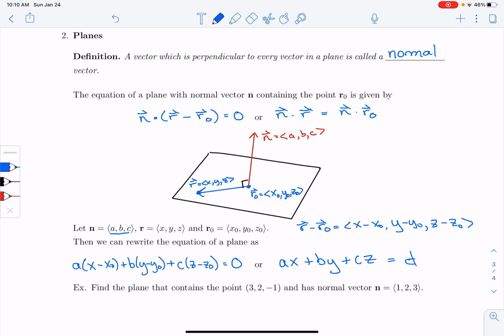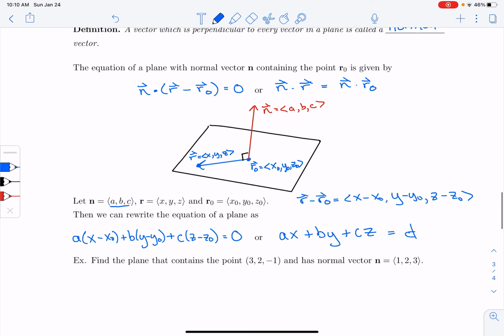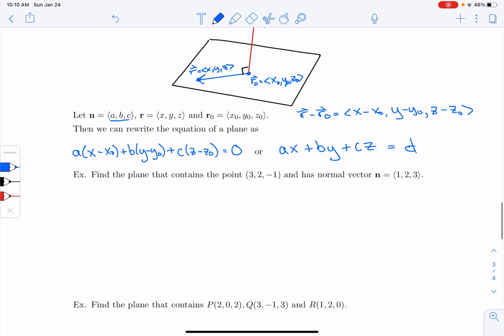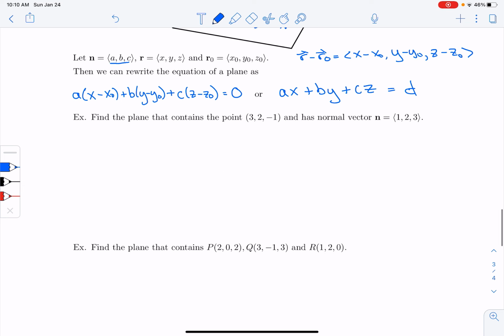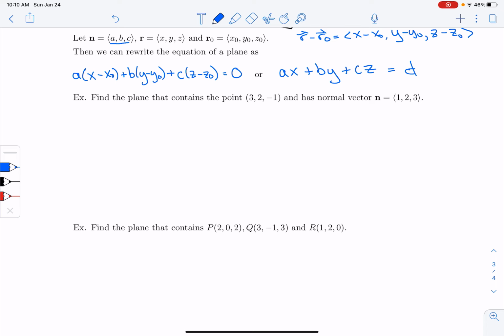The first thing that we're going to want to do is find a plane that contains the point 3, 2, negative 1 and has a normal vector of 1, 2, 3. So we want n dot r to equal n dotted with the point 3, 2, negative 1.